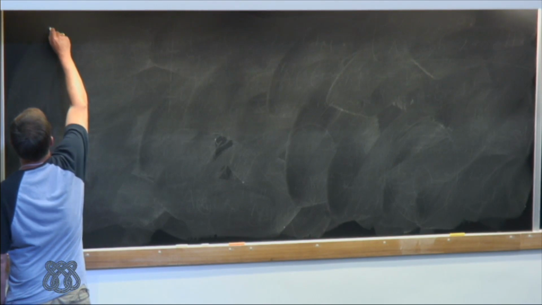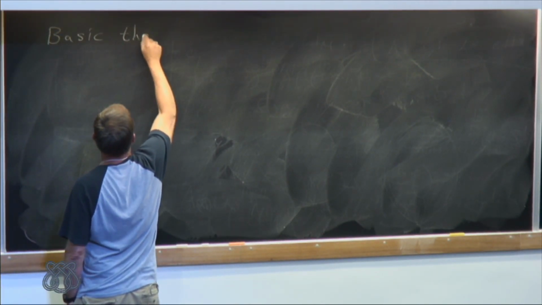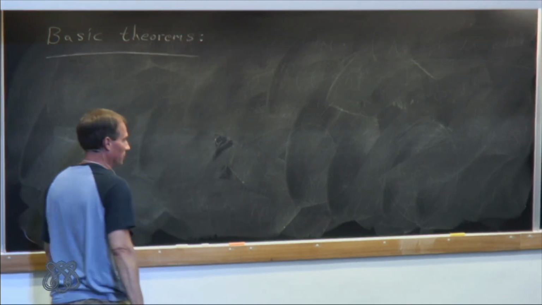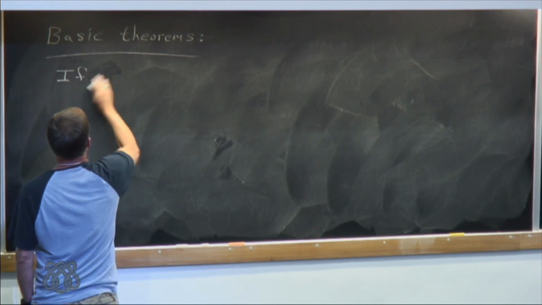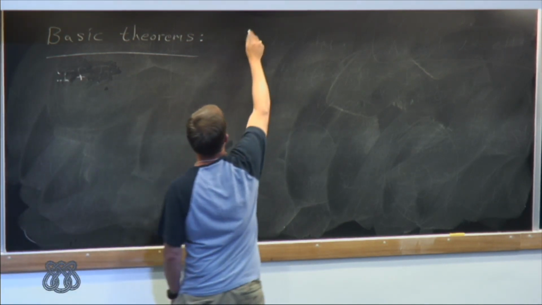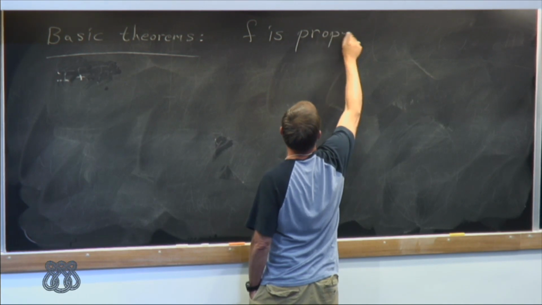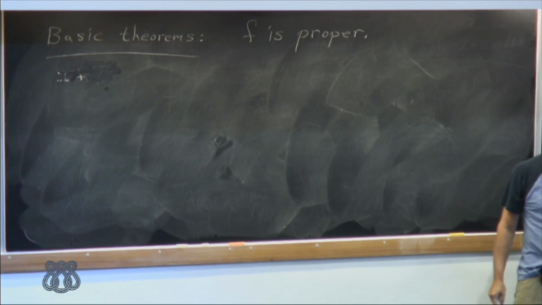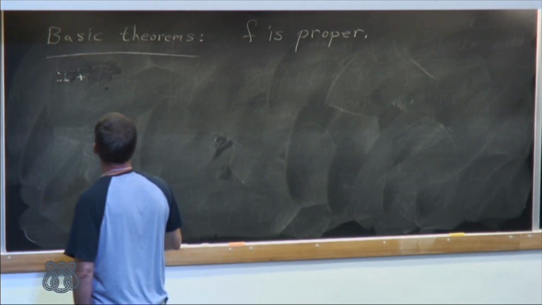But the basic theorems of Morse theory are, I'm assuming F is proper now. So you should assume M is compact, or some other way you know that the inverse image of a compact set is compact. So F is proper.